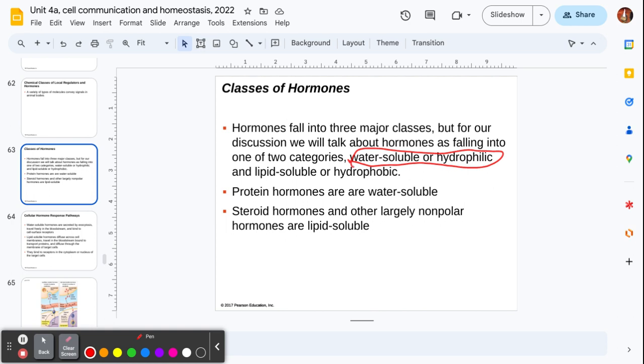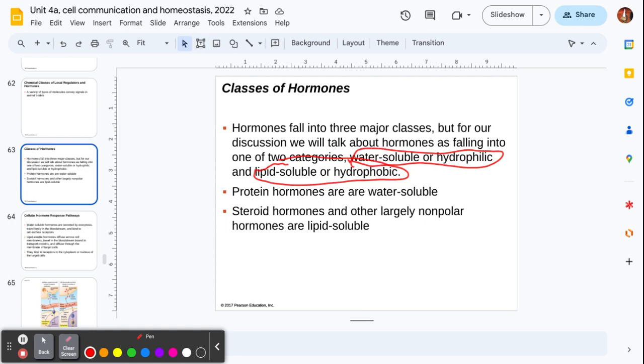If they are water soluble, they are hydrophilic. We know that from our first unit. And if they are lipid soluble, they don't like water, they're going to be hydrophobic. These two categories are important because how they get across the cell membrane is very, very different.